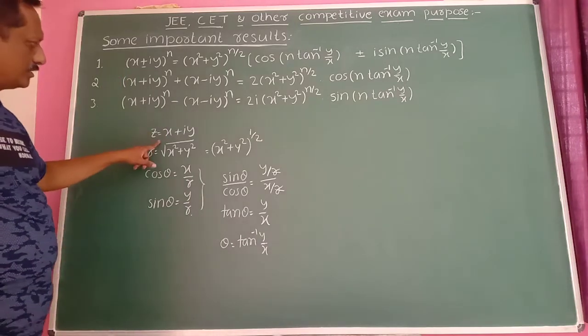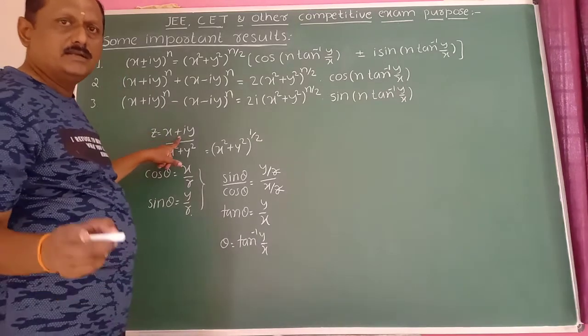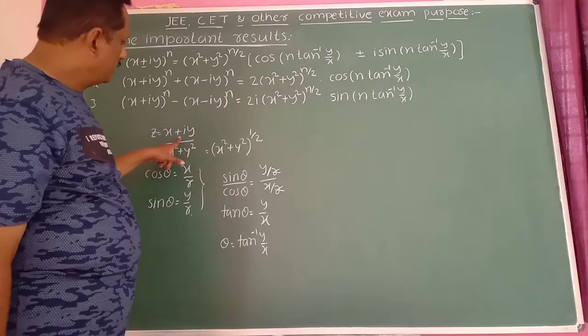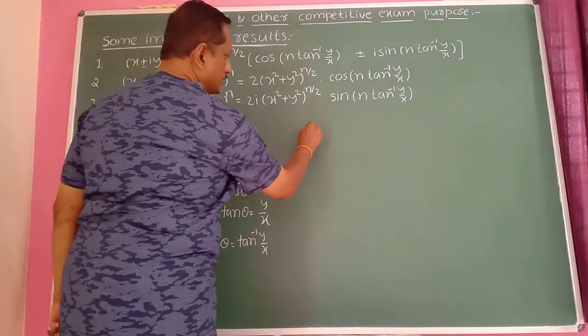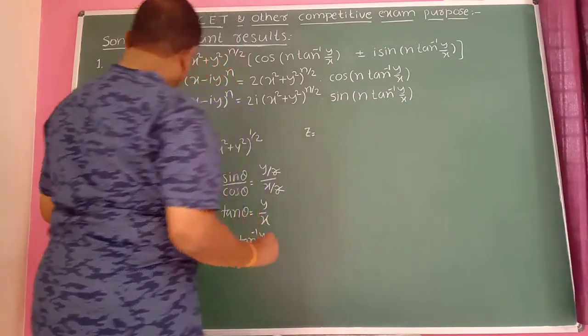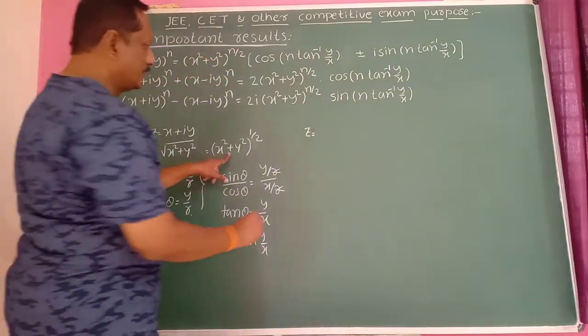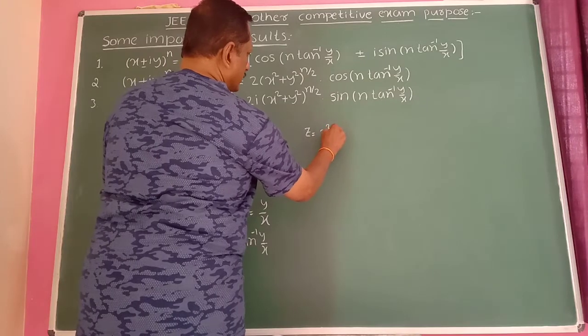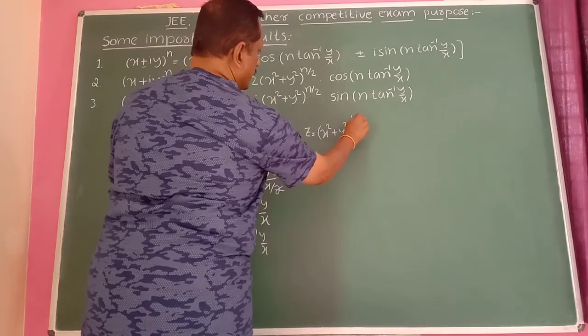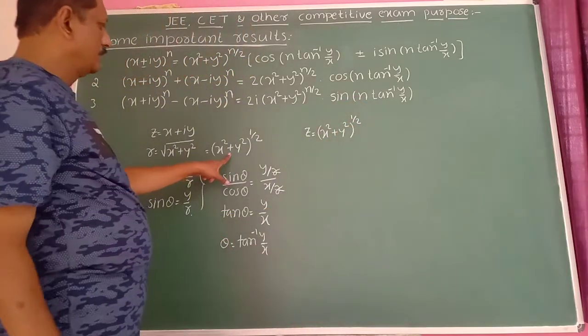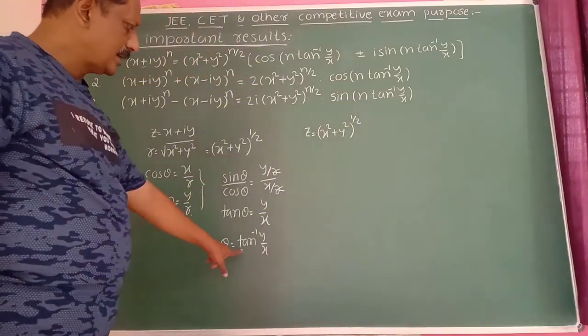Therefore z equal to x plus i y is the complex number in the Cartesian form. Write this equation in the polar form. So z is equal to r, which is x square plus y square raised to 1 divided by 2, and theta is tan inverse of y by x.